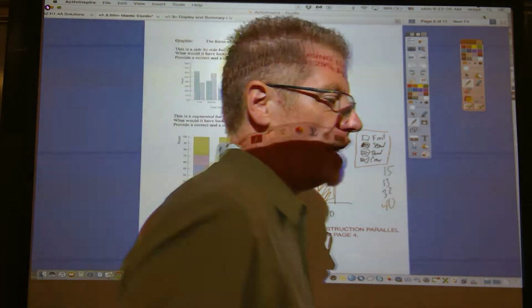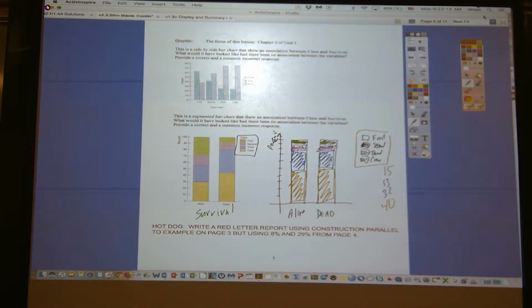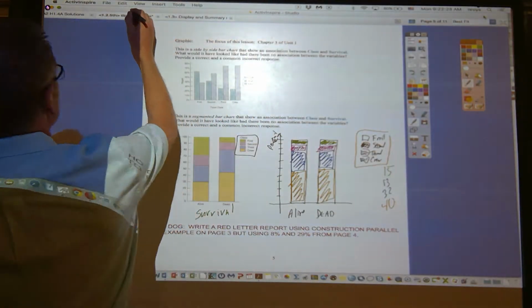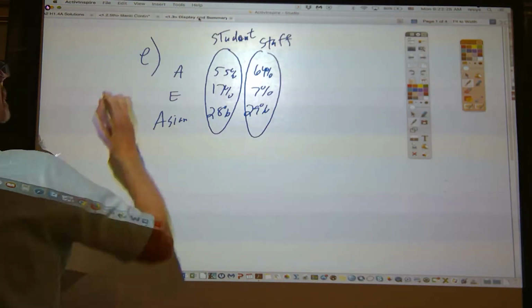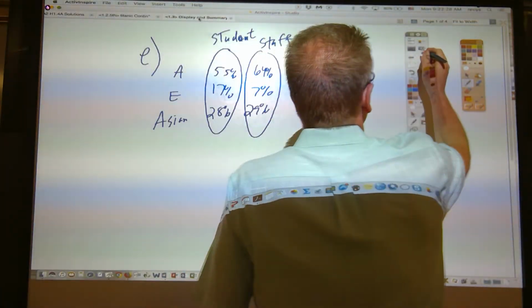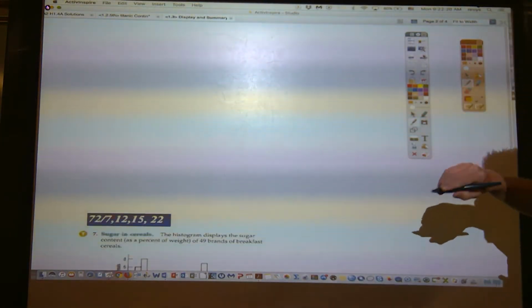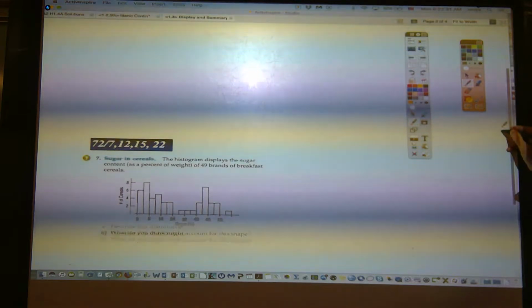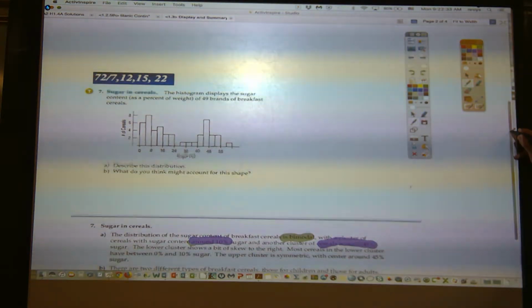So, on the blank side of the handout that I just gave you, let's take a look at the lesson for today. Your handout probably has the sugar in cereals on one side.